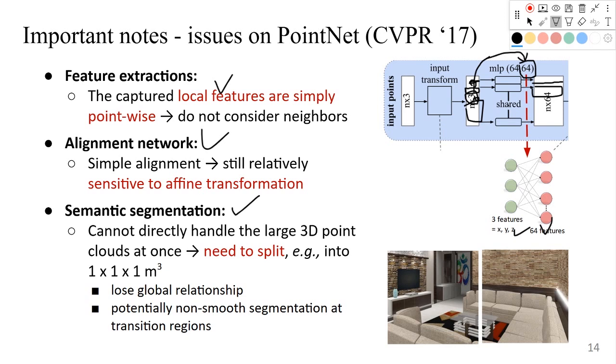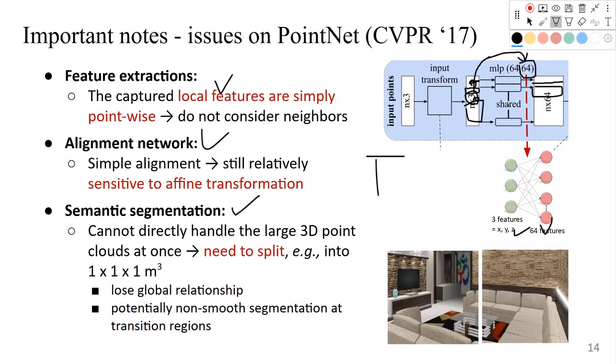And then the second issue is the alignment network. As we saw previously, we have the TNet to transform the input so that it can tolerate affine transformations to some degree. However, that alignment is still very simple and is still relatively sensitive to affine transformations.